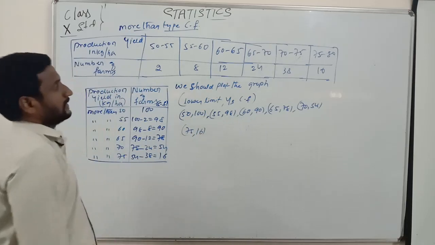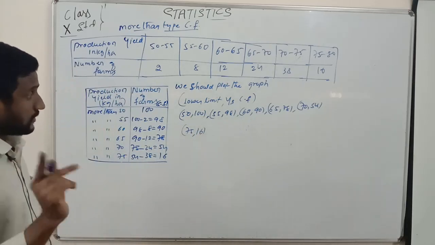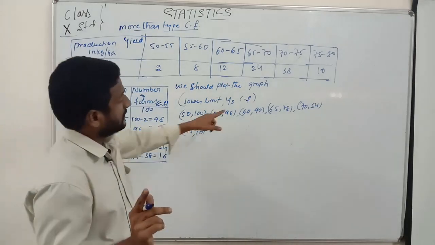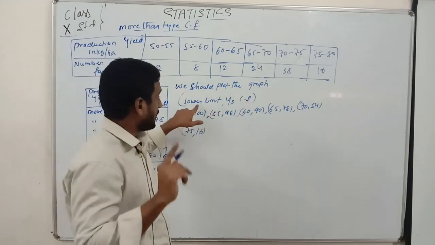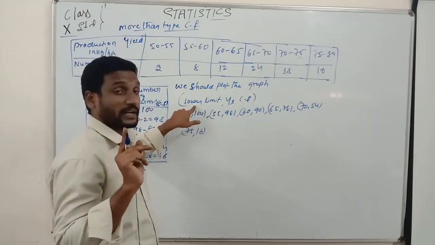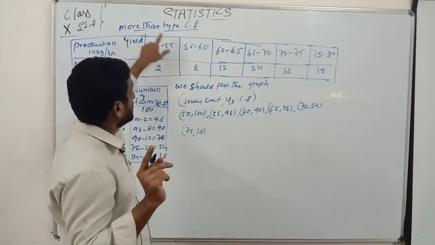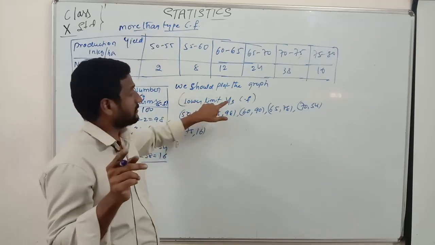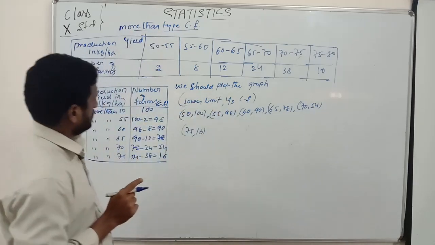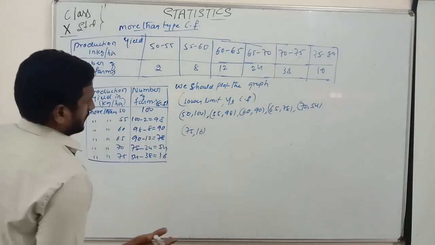See here, in less than type also it is the same, but the cumulative frequency is the same, but there I took the upper limit, whereas in more than type you should take the lower limit versus cumulative frequency. All of that I have written in brackets here.